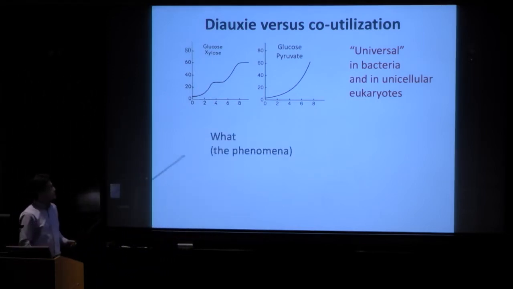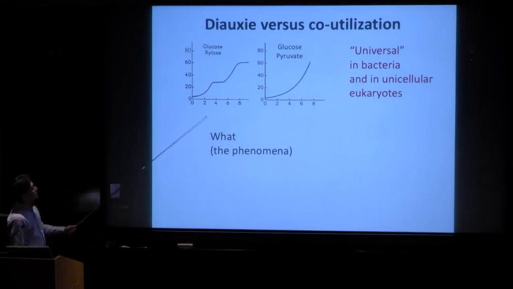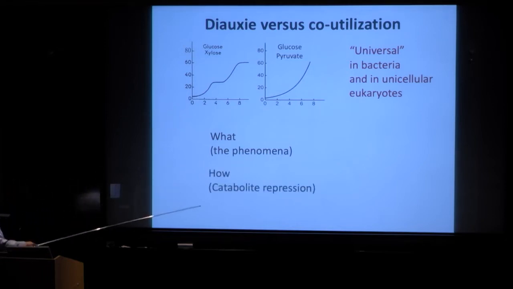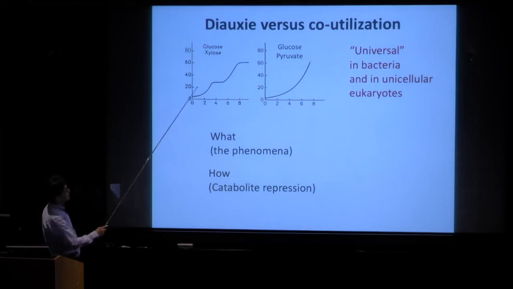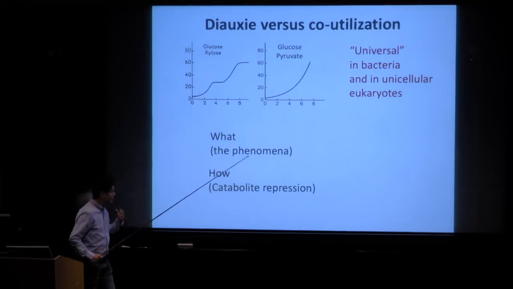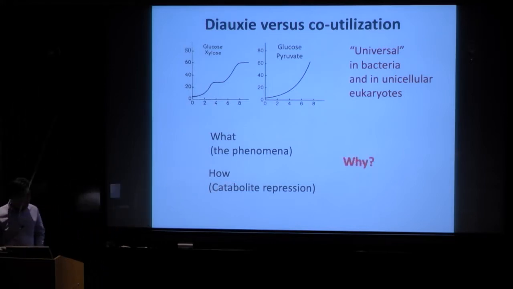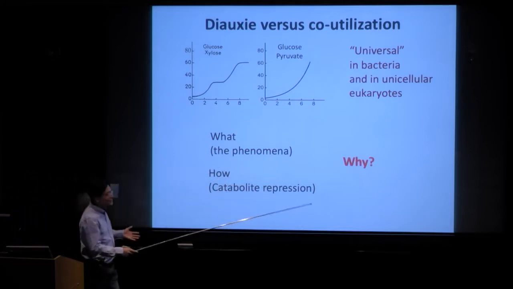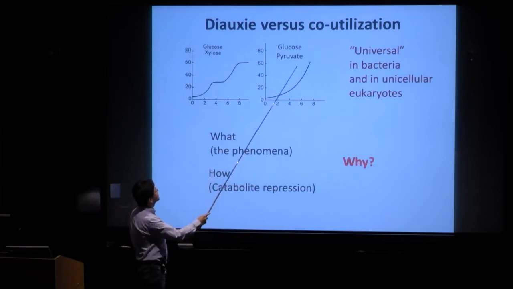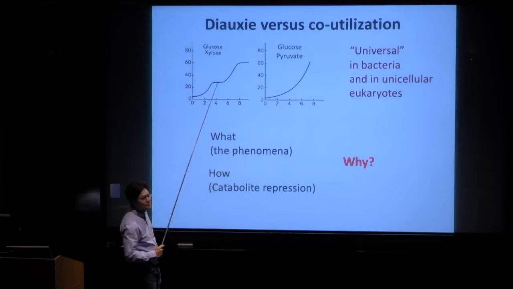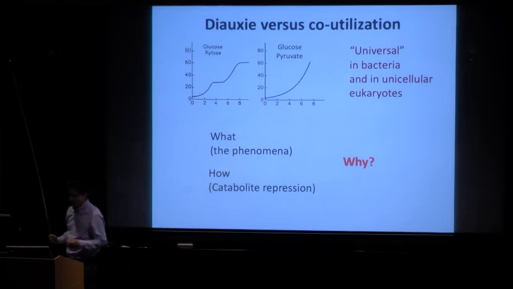So if we call this phenomenon the what, what we see, we call the mechanism the how: how they achieve this, just by repression, catabolite repression, which represses the enzyme digesting the second, unfavorable source through genetic repression. And now I want to ask the question: why? Why do bacteria sometimes eat two simultaneously, and sometimes eat one first? Is there any reason?